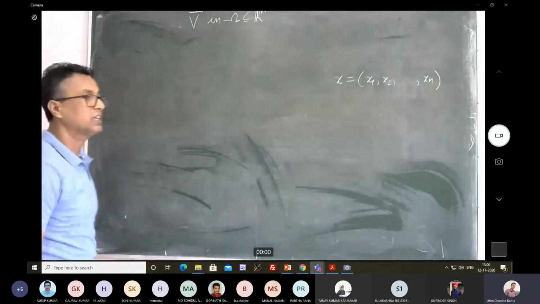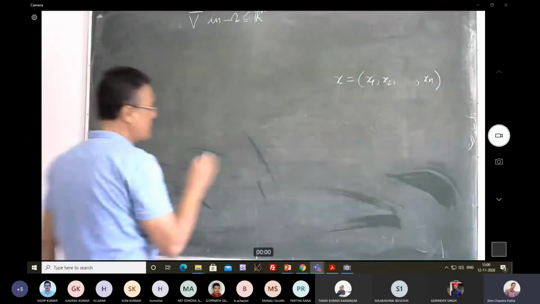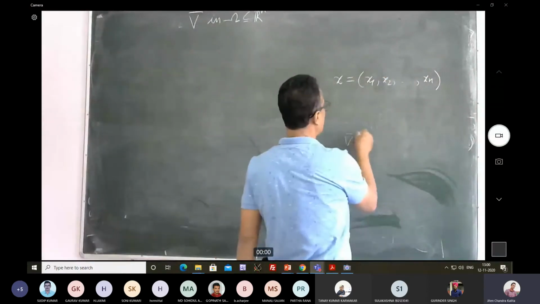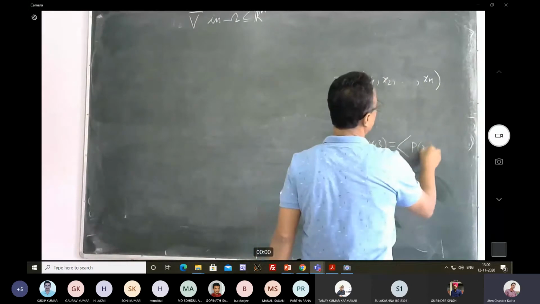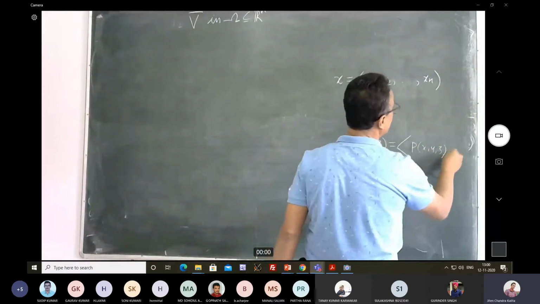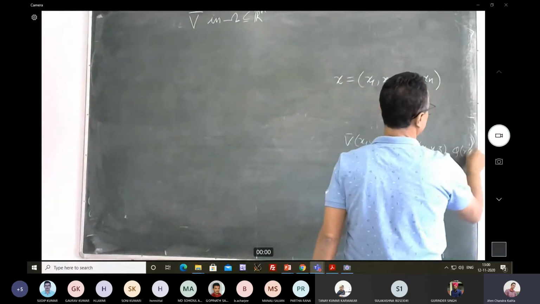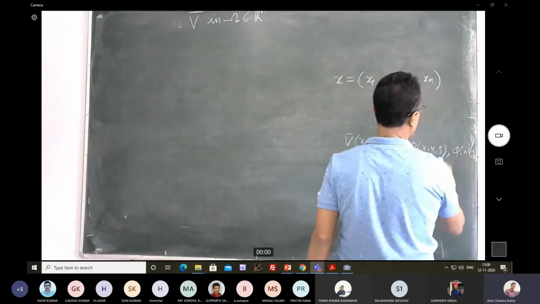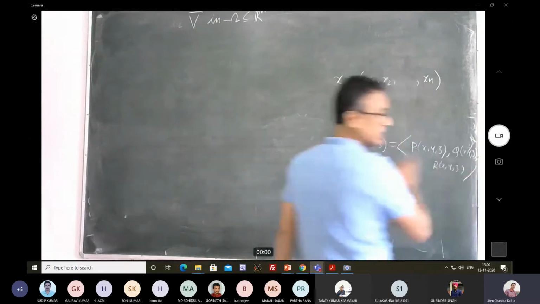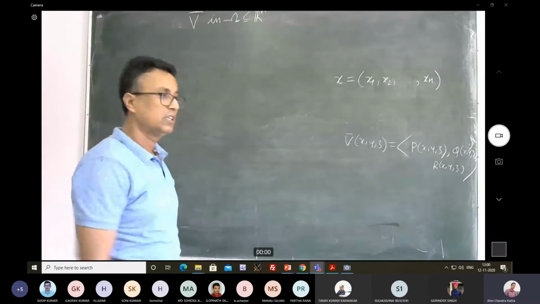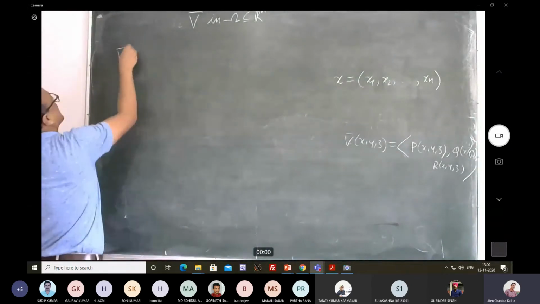A point in omega is going to look like this. So then, if you recall, when I defined a vector field in 3D, its components were again functions of x, y, z, isn't it? Is it okay with everybody? I did it like this, right? So likewise, what I'm going to do is the vector in Rn.